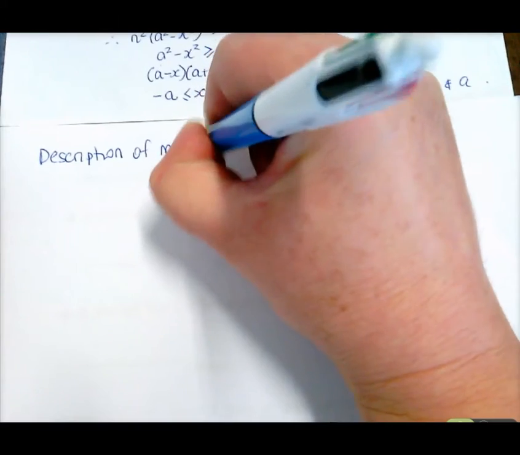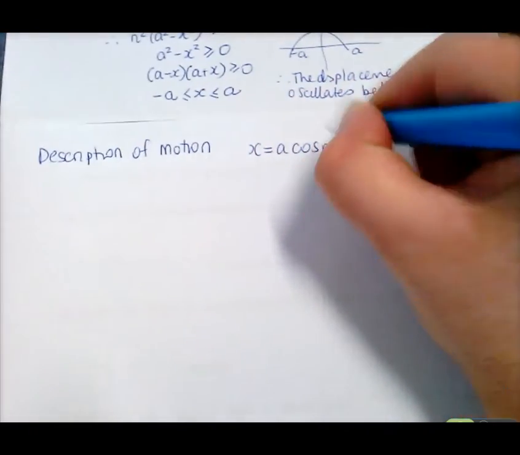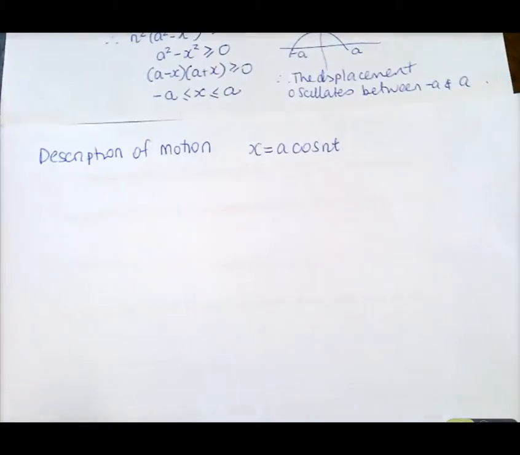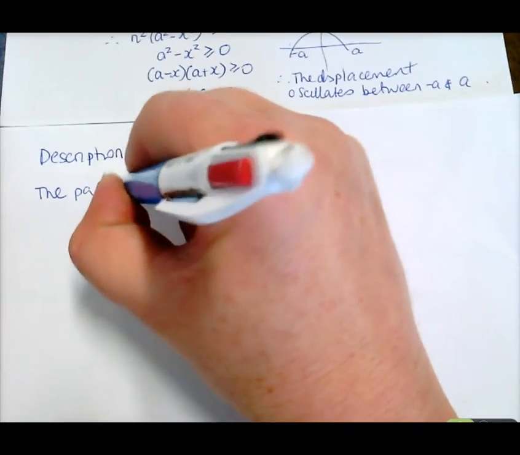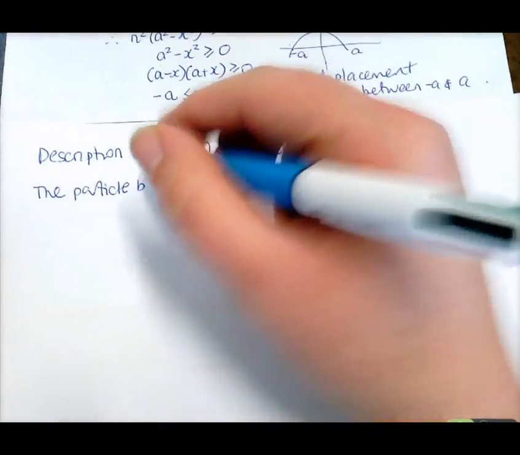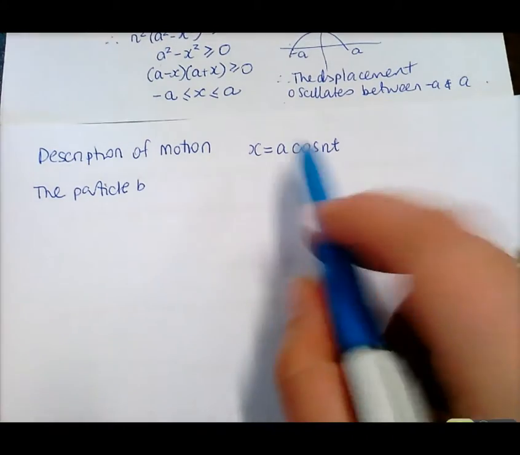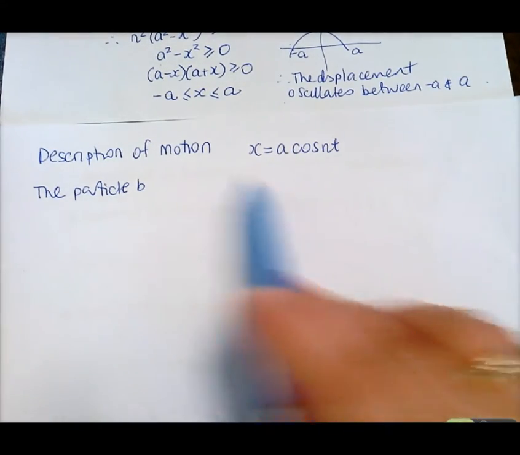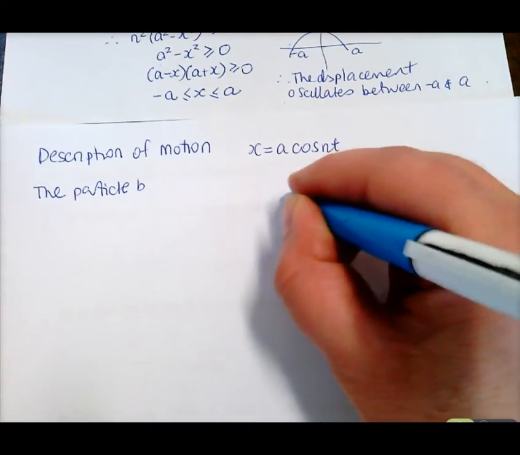Now, this is for x equals a cos nt, okay? We know that the particle begins at A. It moves towards the center. This is the motion, I'm just going to draw it.